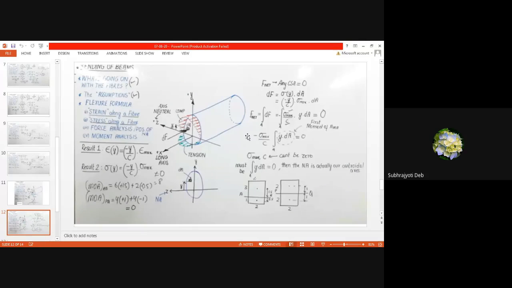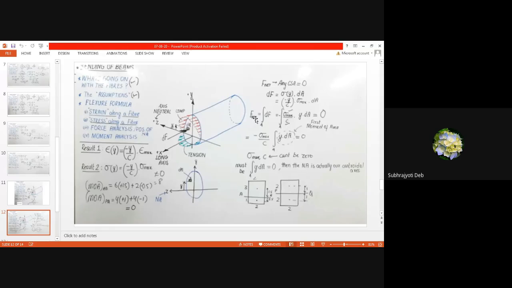For this small portion only, the force dF is equal to sigma y into dA. So what is the value of sigma y? From this equation, in place of sigma y we put minus y by c sigma max into dA.